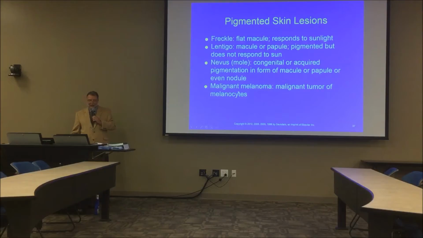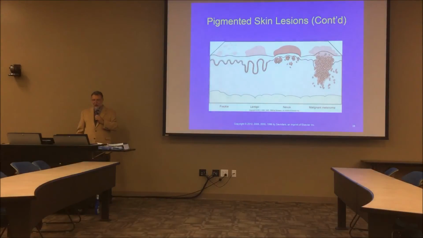Where do you have it? Any place in your body, but it is more likely in skin that is exposed to sun. Other areas with a lot of friction, rubbing, and constant changing of the skin also will cause some sort of cancer. A little while ago we saw the pigmented lesions of the skin: freckle, lentigo, nevus, the mole.